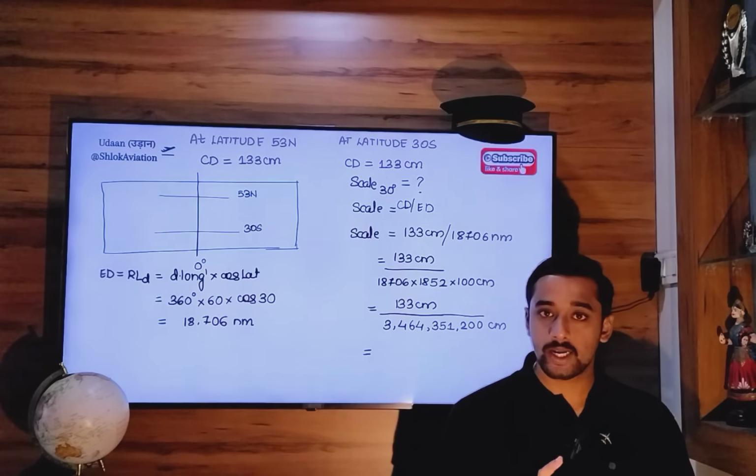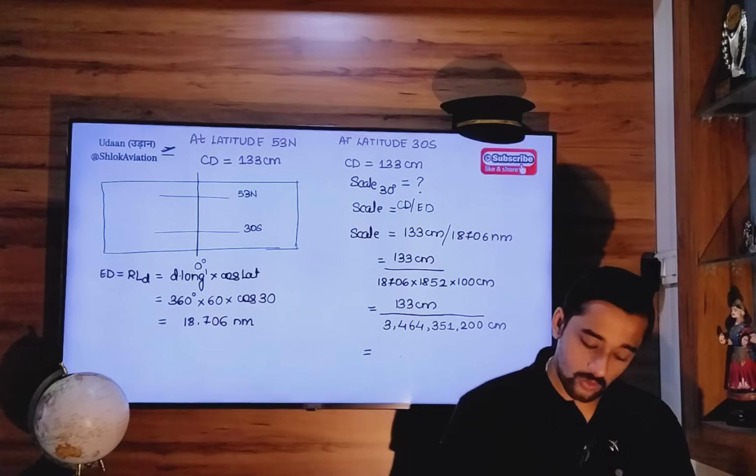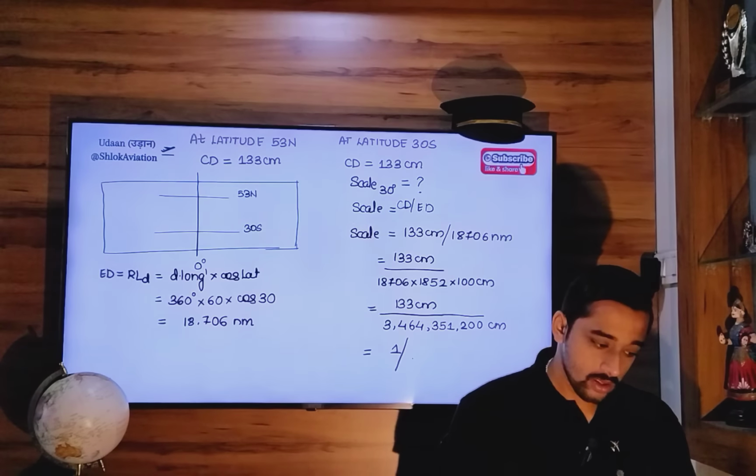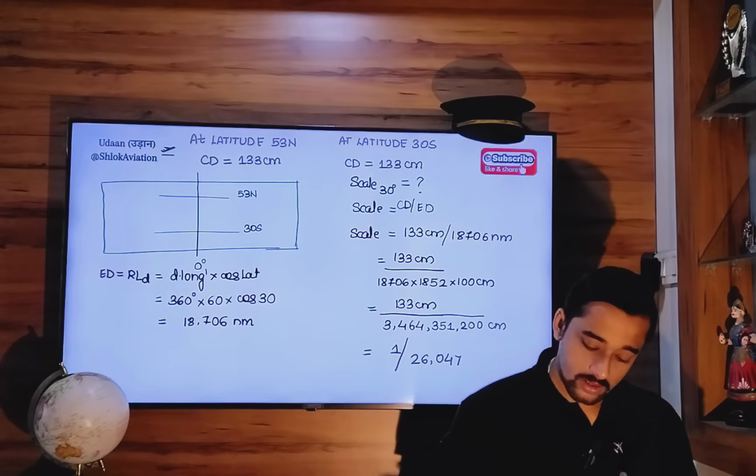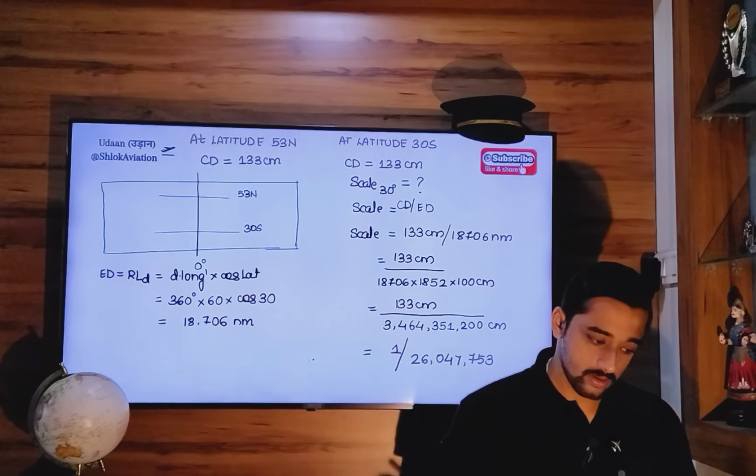So divide numerator and denominator by 133. This gives you 1 divided by 26047753.